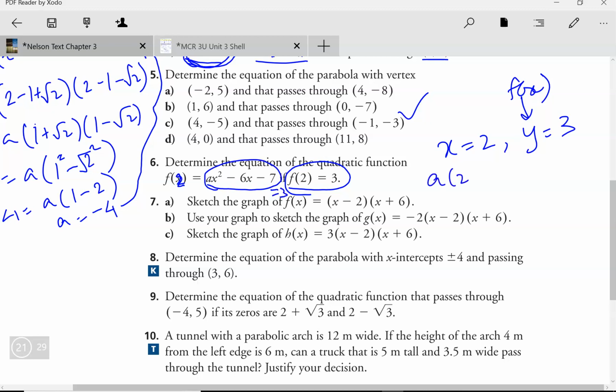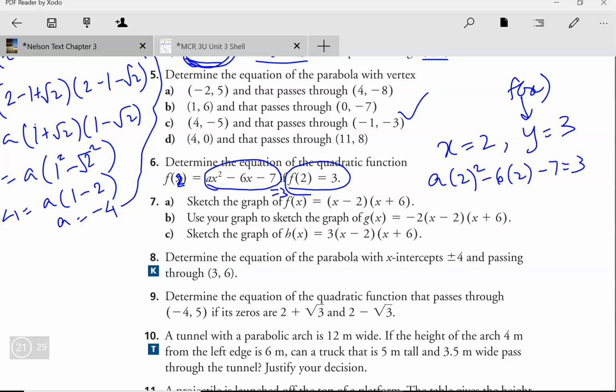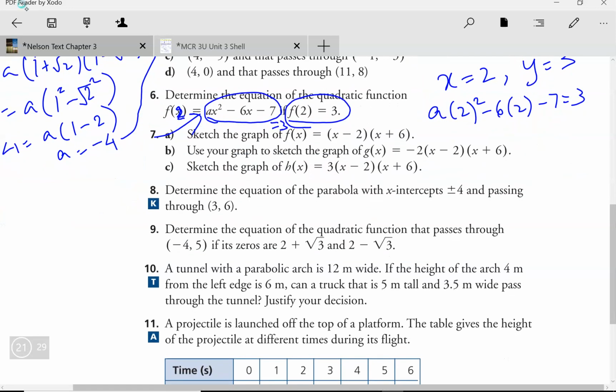So a times (2 squared minus 6 times 2 minus 7) equals 3. Solve that for a, and then sub that back in to here and you'll get your quadratic function. Okay, all this is easy stuff.